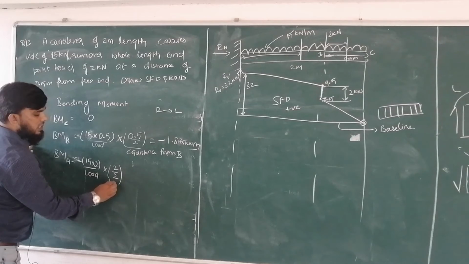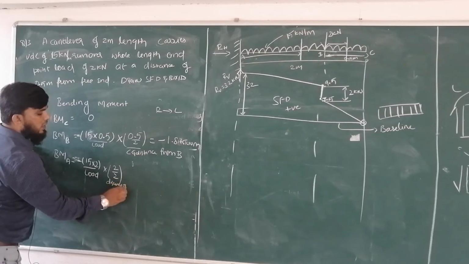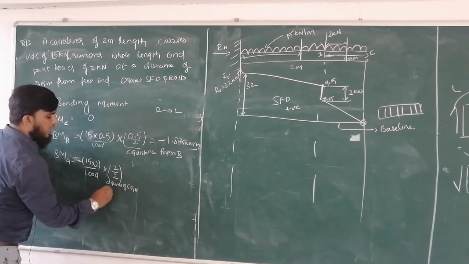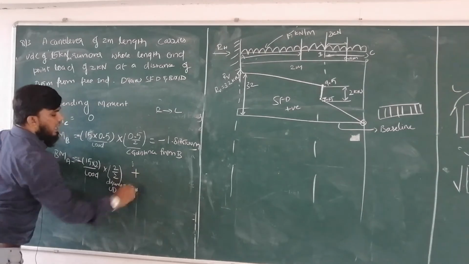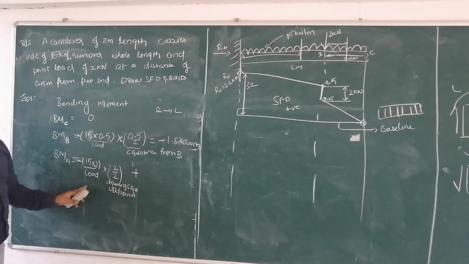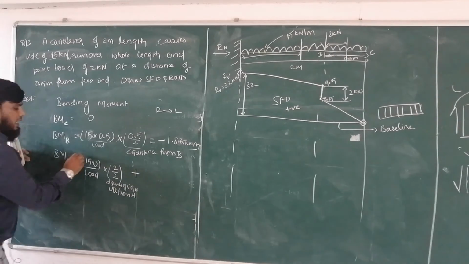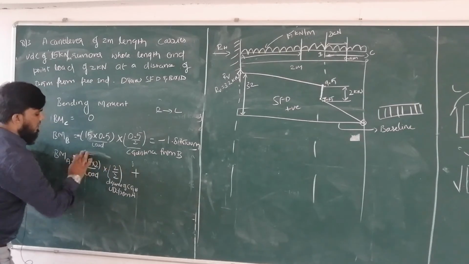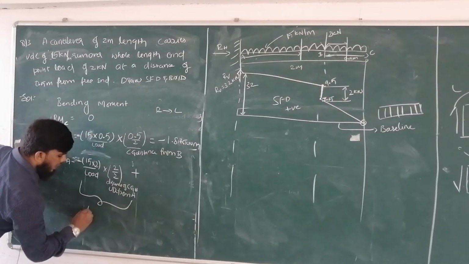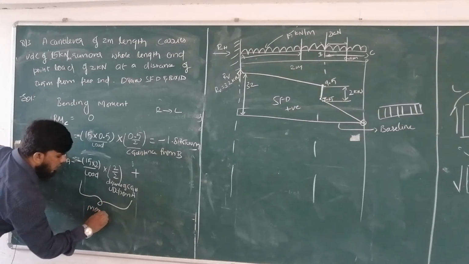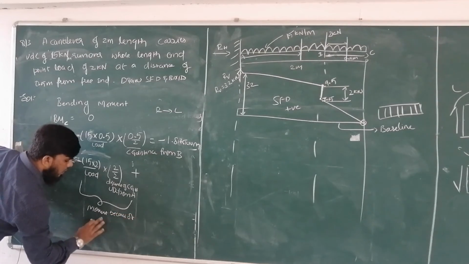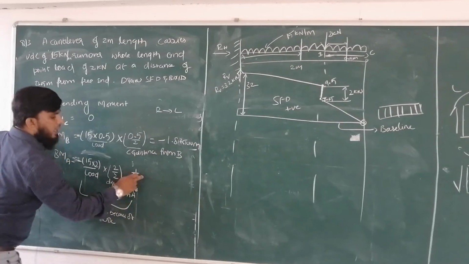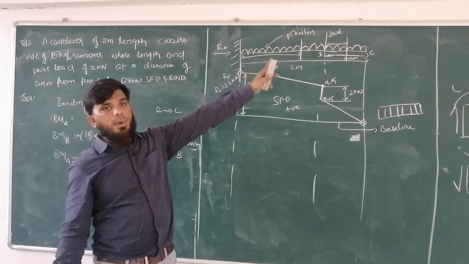This is the distance of CG of UDL from point A. Done. This is the moment because of UDL. Next we have another moment that is because of the point load.